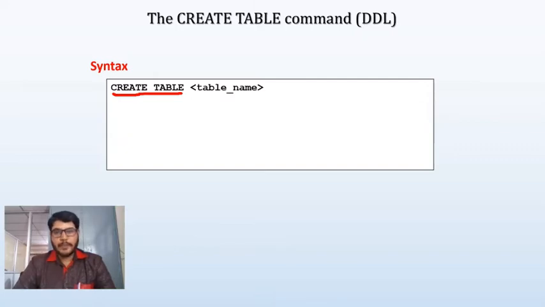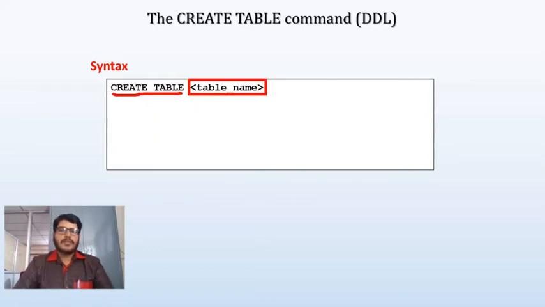So that's why, whenever I say a keyword, we have to mention that keyword as it is. Here, create table is a keyword we have to use, and in front of this, I have to mention the table name.